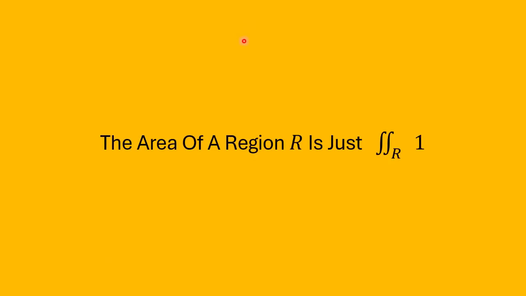So we can say that the area of a region R is just the double integral over R of the function 1. So let's see how we can use this to find the area of a region in polar coordinates just in terms of a single integral. I mean by that a one variable integral.